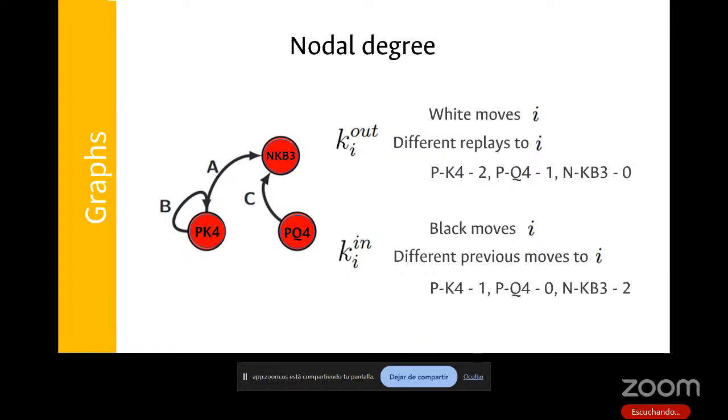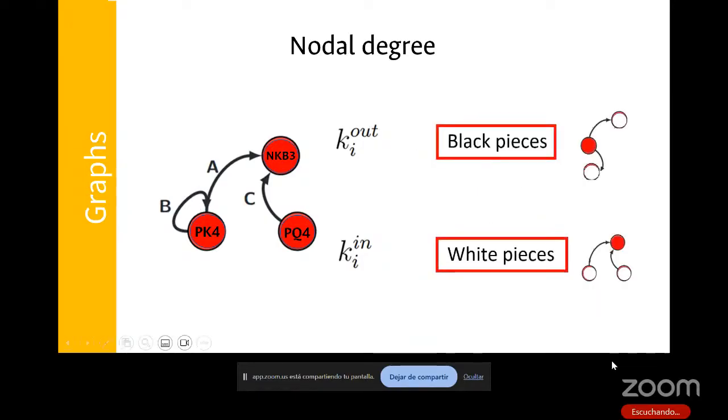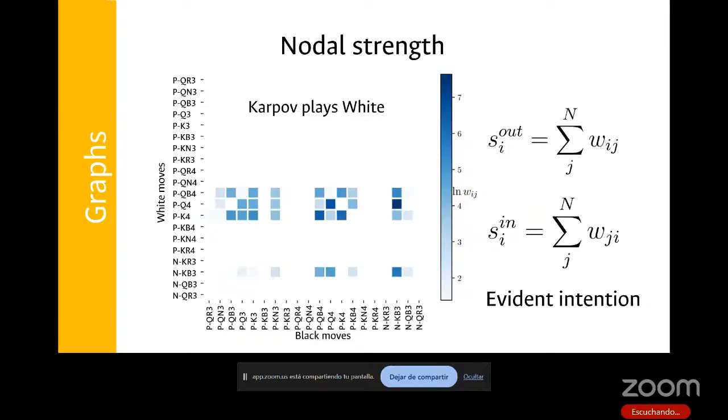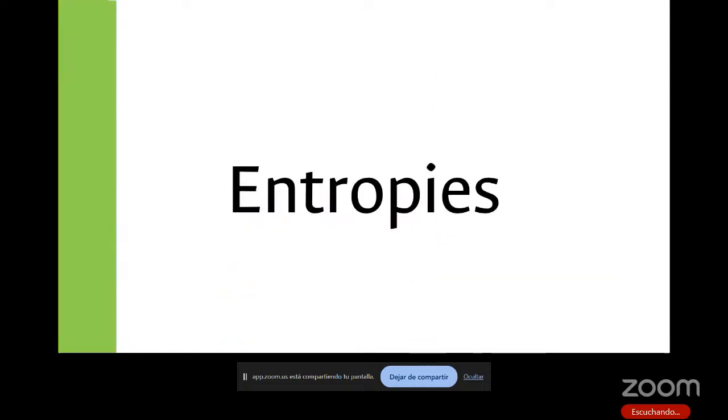The out degree tells you how black replies when white moves, and the in degree tells you the opposite. Very important: when you see out, you are talking about the black pieces. When you see in, you are talking about the game of the white pieces. Then we also define the strength of each node, which is just adding the weight of the arcs adjacent to each one of these nodes.